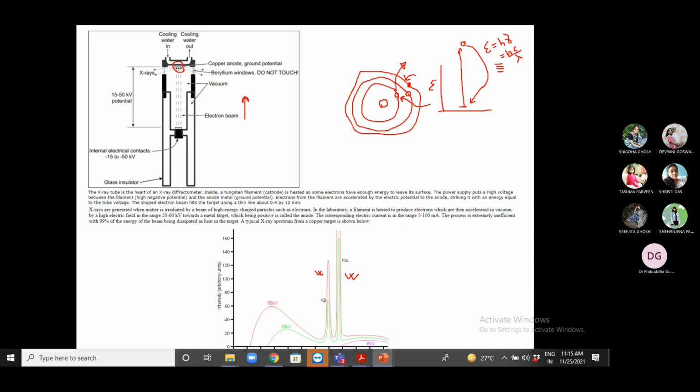Okay, fine. So this light is very important. Why? Because here the wavelength is too small. Remember the wavelength of regular light? Regular light, visible light, is around 400 to 700 angstrom.